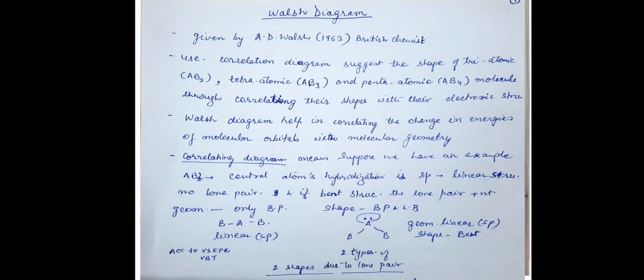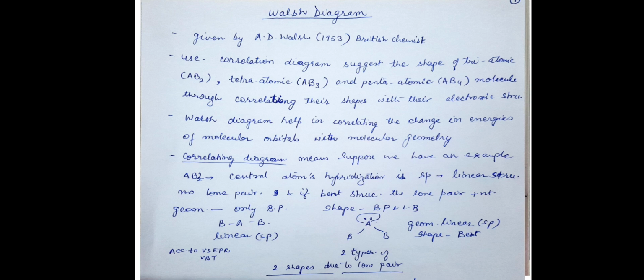And the shape is different when a lone pair is present in a molecule of the same hybridization. Here the shape is bent, with one lone pair present and the two B atoms at the bent position. So we can say this is sp hybridization. The geometry of both molecules is linear, but the shape of one is linear and the other is bent.